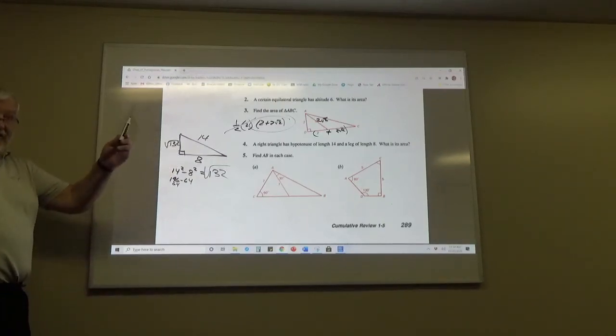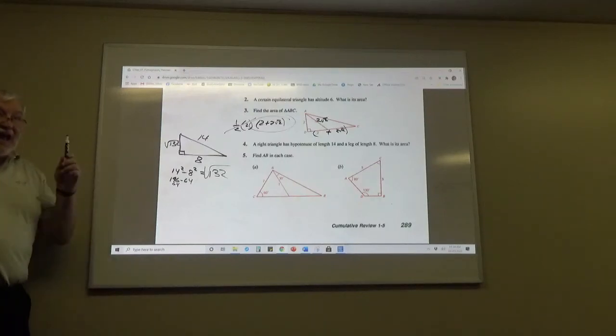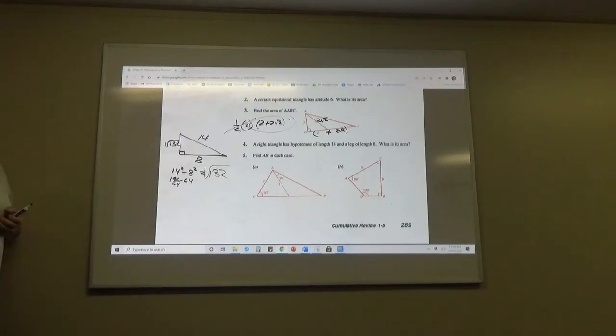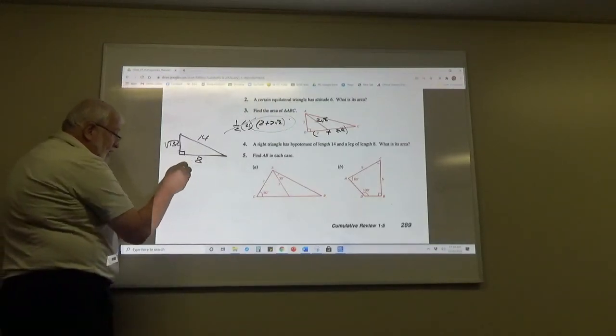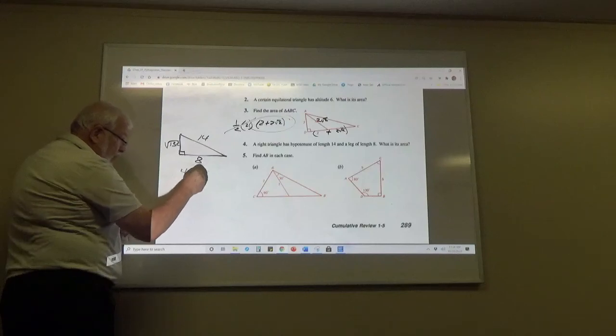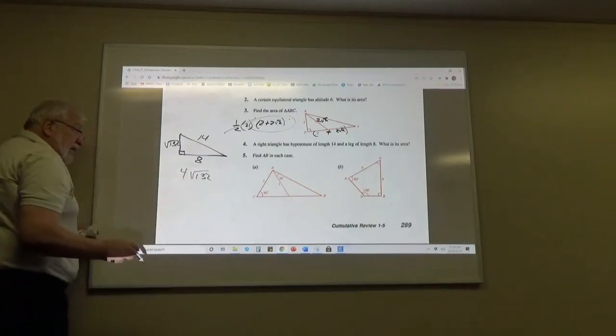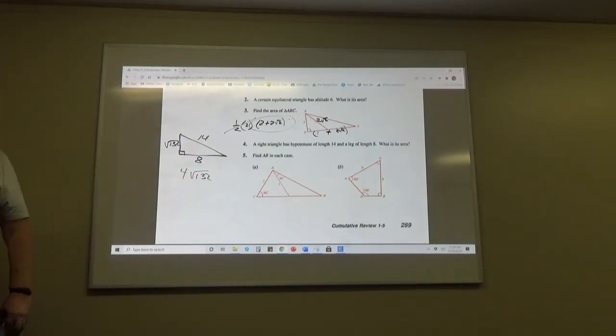It's 1/2 base times height. So it's 1/2 which two numbers? Square root of 132 and 8? Yes, exactly. So 1/2 of 8 is 4, so it's 4 square root of 132. And that's not going to be a whole number, right? So it is what it is.